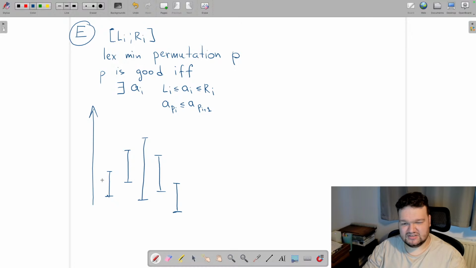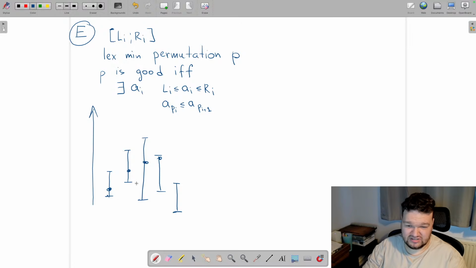So let's say something like this. If we only look at the first four, then we can see that we can choose some points in increasing order. But with the fifth one, you can try, but it seems impossible.